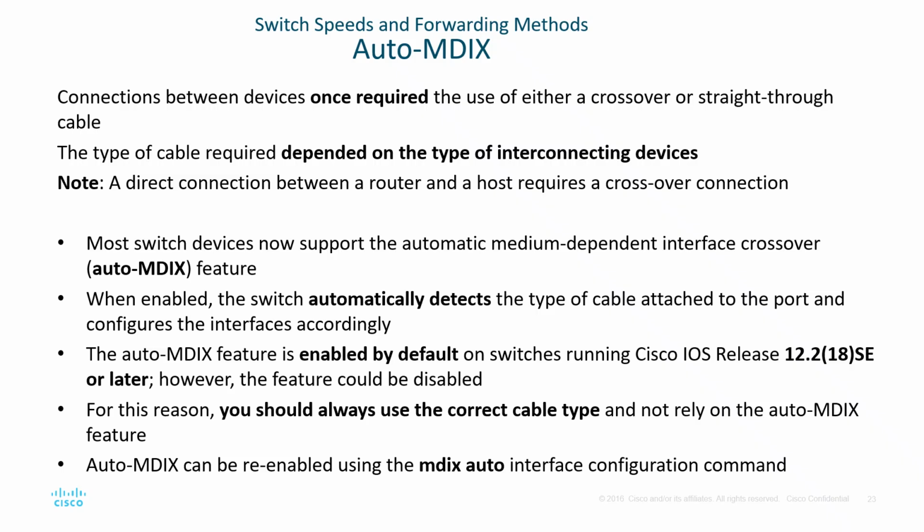Now, I'm sure out in the production industry, this is different. They don't adhere to these rules like in my classroom. But I'm telling you, in my classroom, I want you to know the difference between your cables, okay? Auto MDIX can be re-enabled using the mdix auto interface configuration command. However, it can also be disabled. So if it is disabled and you don't know what type of cable to use, you're not going to look that smart.